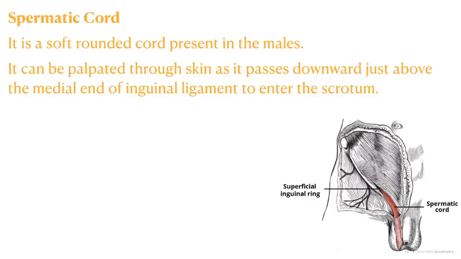Coming to another soft tissue landmark, the spermatic cord. It is a soft rounded cord present in males, right? It is absent in females. It can be palpated through the skin as it passes downward just above the medial end of the inguinal ligament to enter the scrotum.